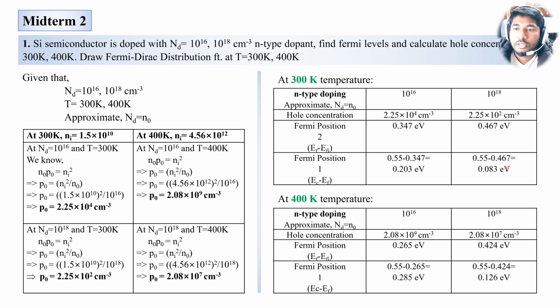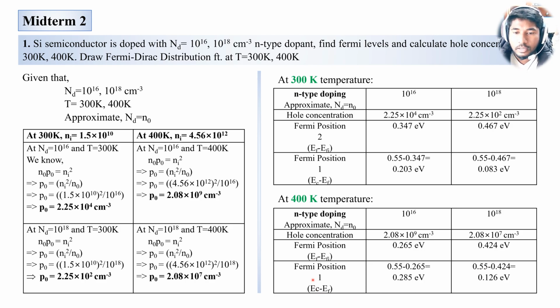Okay, at 400K temperature, when we take the intrinsic Fermi level as the reference level, the Fermi level is at 0.256 electron volt for Nd equal to 10 to the power 16, and for Nd equal to 10 to the power 18, the Fermi level is at 0.424 electron volt.